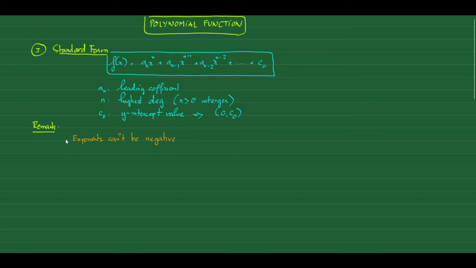Secondly, variable x cannot be in the denominator. All right. Okay, so that is one of the conditions to determine if it is a polynomial function. Otherwise, it cannot be a polynomial function. Okay. Now let me give you an example.